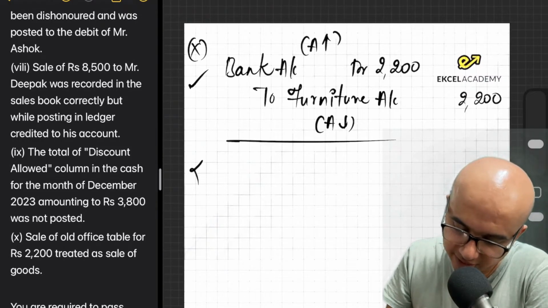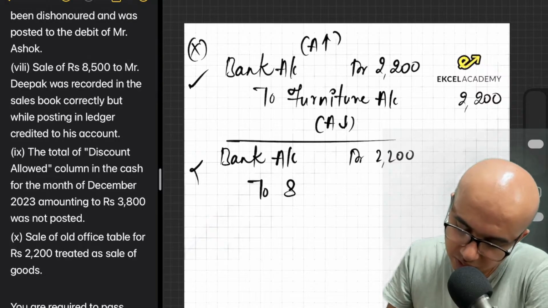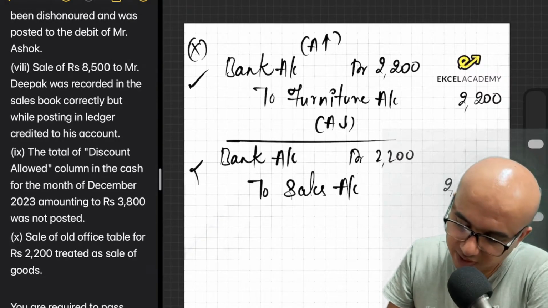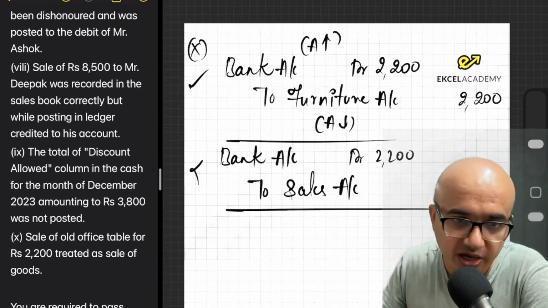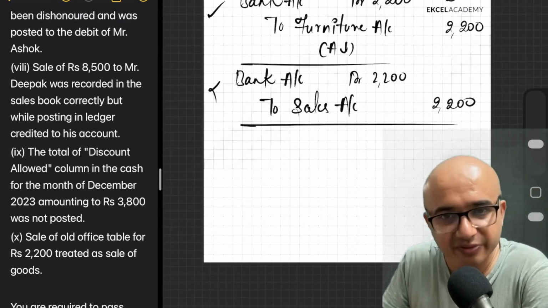Now what did they record this as? They recorded this as bank account debit 2,200 to sales account, which is wrong. It is not regular day-to-day sales. We have only sold some old furniture, which can't be treated as sales. So how do we rectify this? Very simple, reverse it.